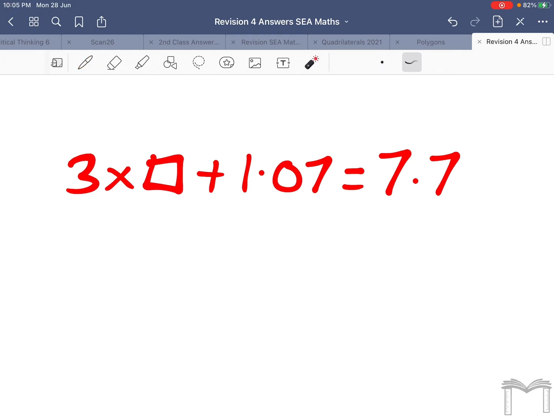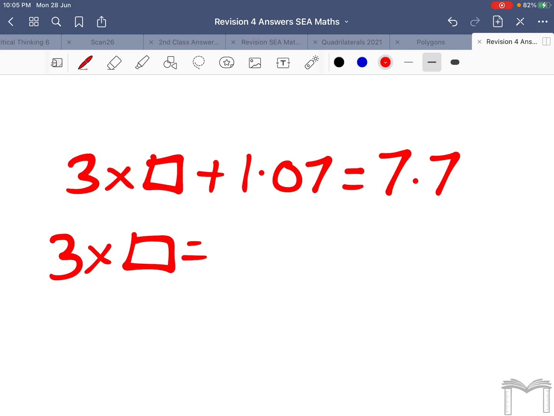So here we have plus 1.07, we're going to work backwards or reverse, and so we're going to minus that from 7.7. So 3 boxes is equal to 7.7 take away 1.07.